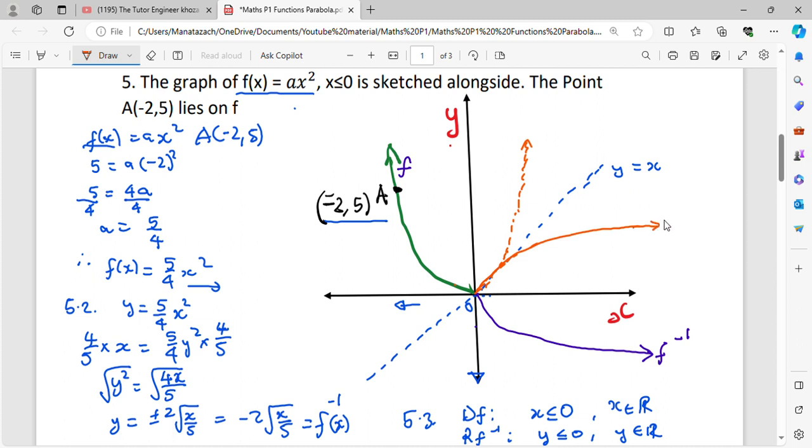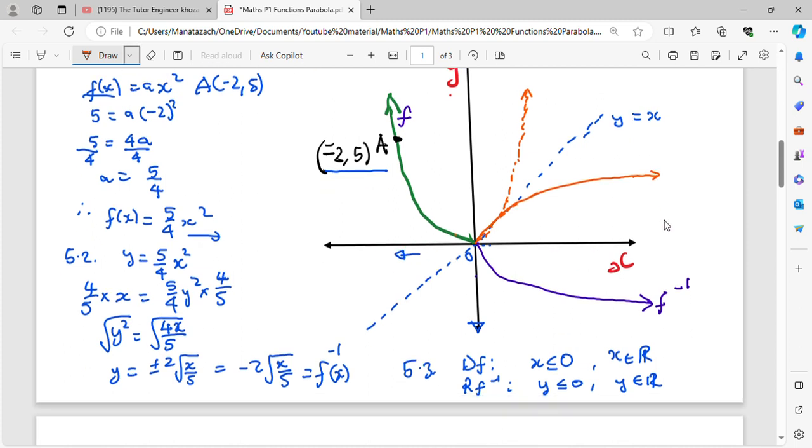So the equation of this function is going to be the other half of the inverse, right, which is positive. Remember, the equation of the inverse is negative. We've already established under the second question that the inverse is minus 2 square root of x over 5, right?